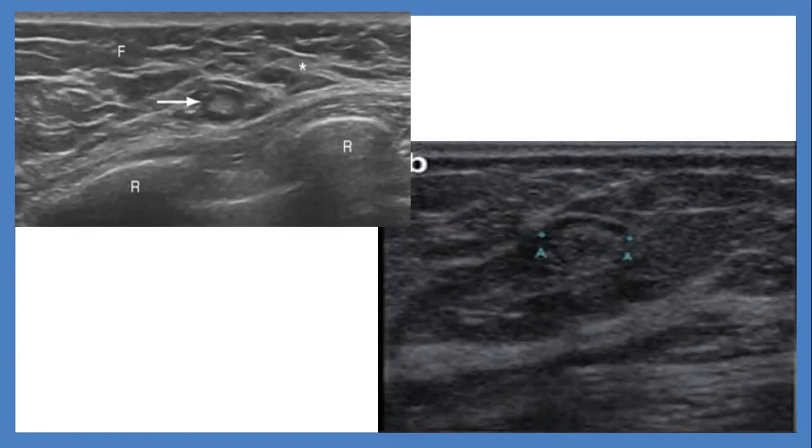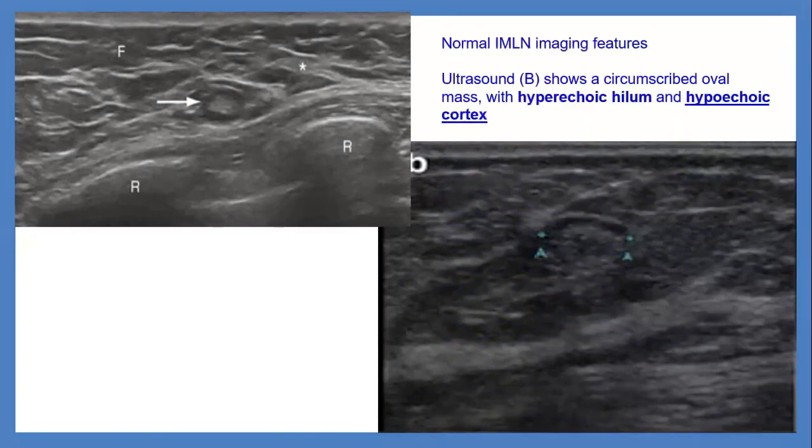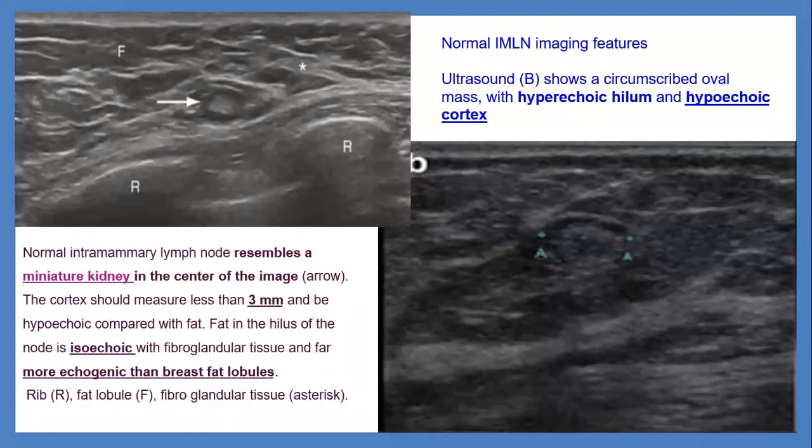Okay. So normally an intramammary lymph node is circumscribed, with a hyperechoic hilum and hypoechoic cortex, and it resembles a miniature kidney. The cortex is less than 3 millimeters.